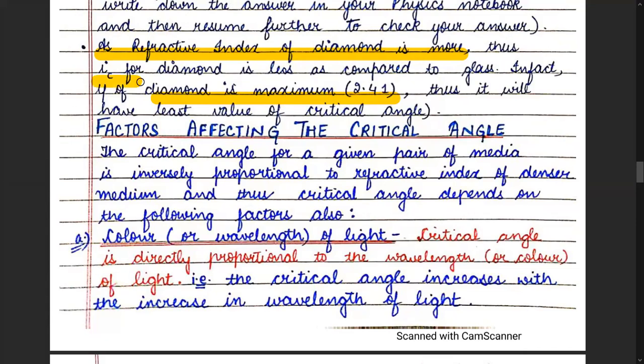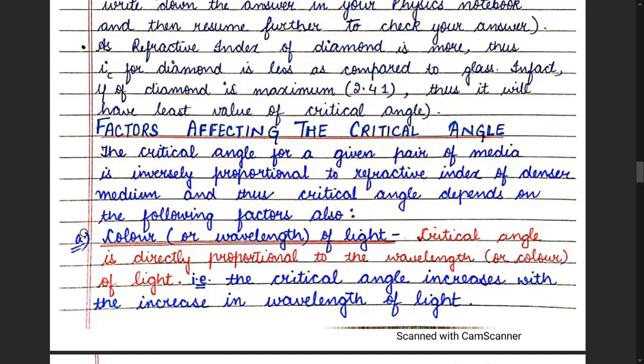Thus, critical angle for diamond is less as compared to glass. Since refractive index of diamond is maximum, thus it will have the least value of critical angle. Now students, let us learn about the factors affecting the critical angle.